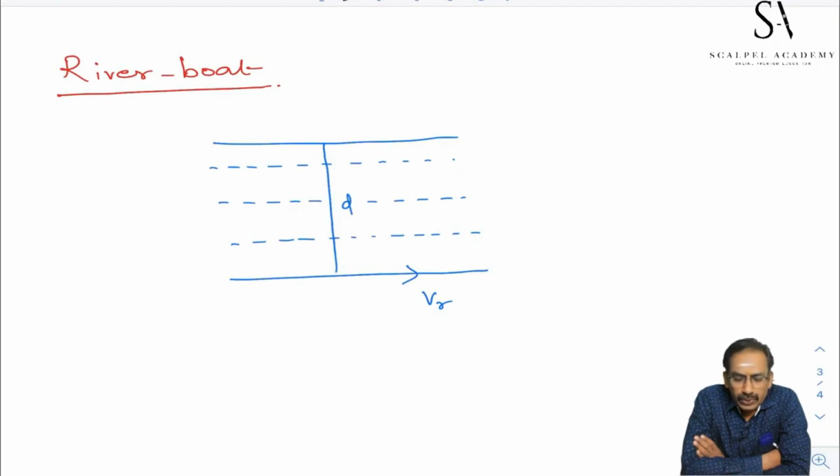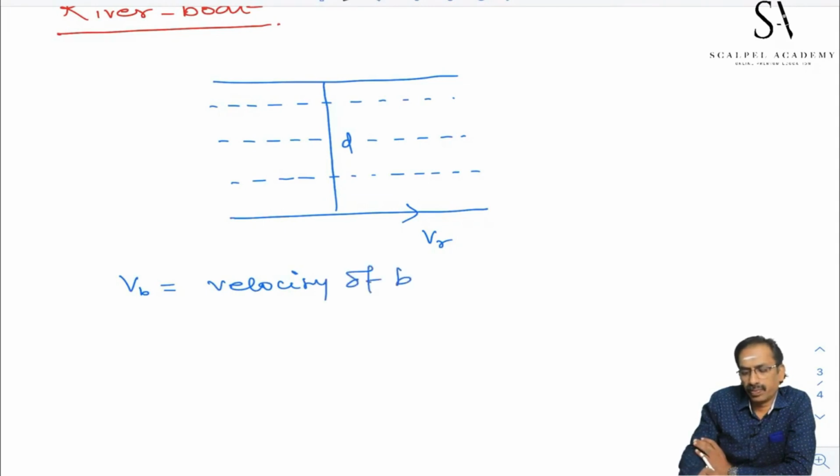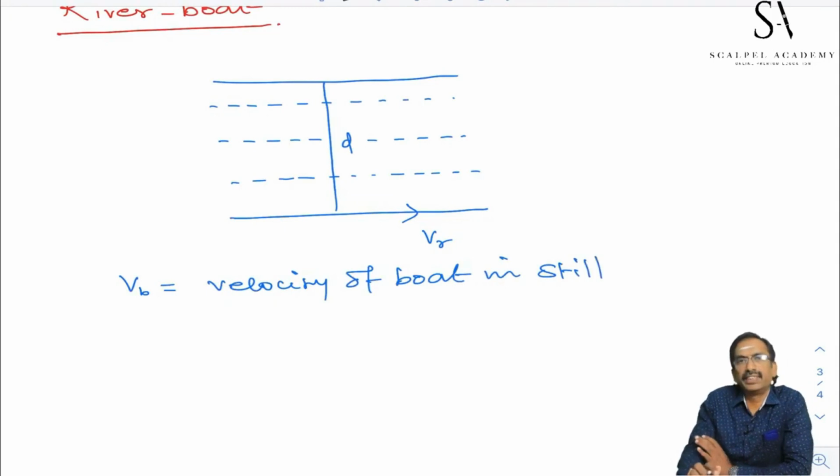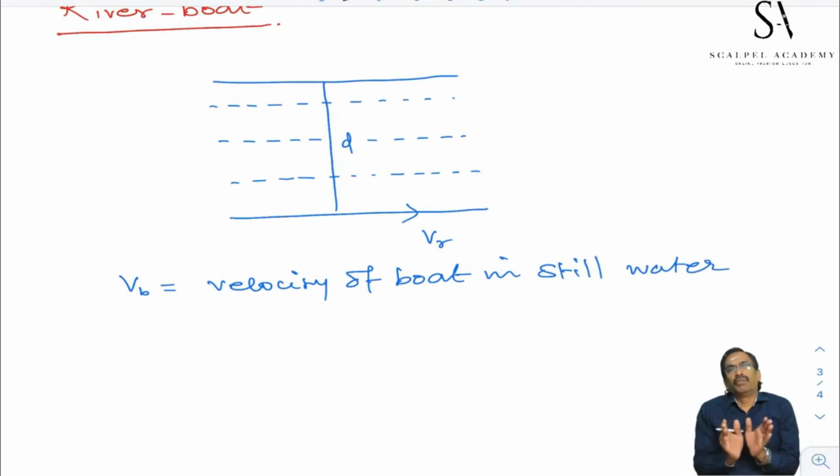Okay, students, a boat is capable of moving with a velocity Vb in still water. If water is still, this is the velocity of the boat. Suppose the boat is at rest on the river with respect to water, but with respect to ground, it won't be at rest.